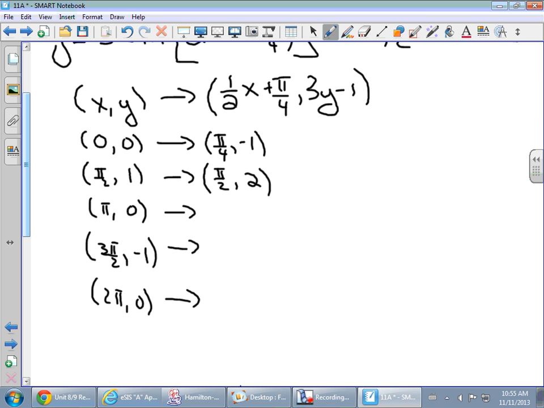Again, if you're doing this on your calculator, don't use the pi's and just put the pi's into your final answer. So 1 times 1/2 is 1/2. 1/2 plus 1/4 would give you 3 over 4, and then throw your pi back in. So the point pi and 0 ended up becoming the point 3 pi over 4 and negative 4.